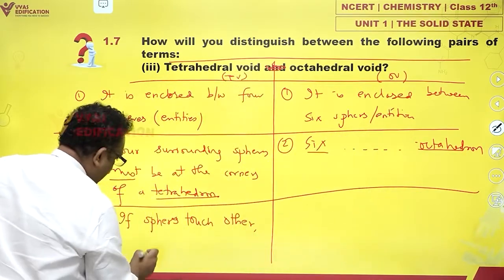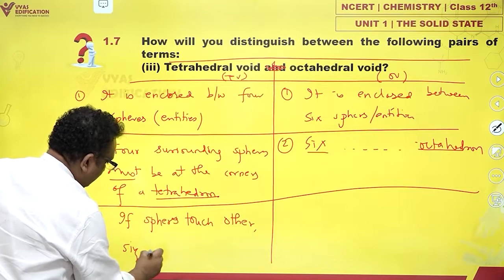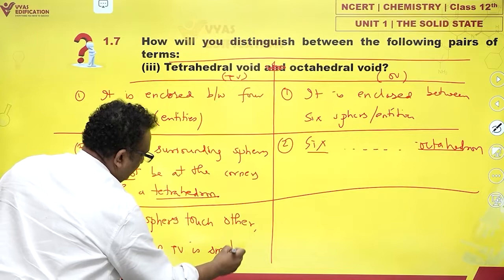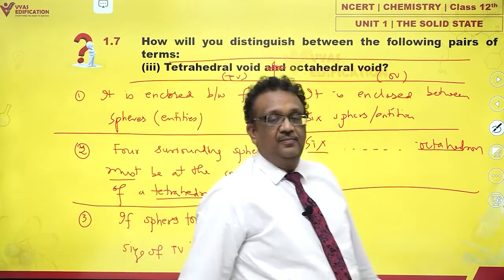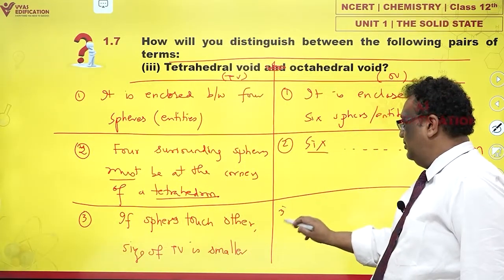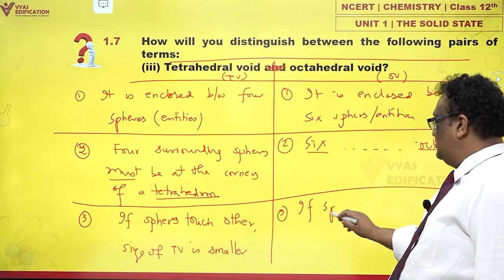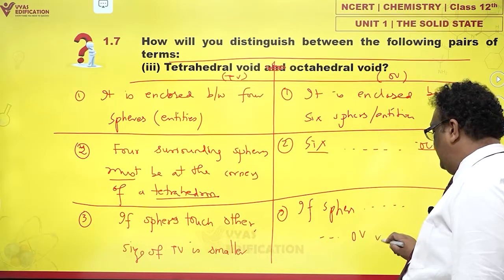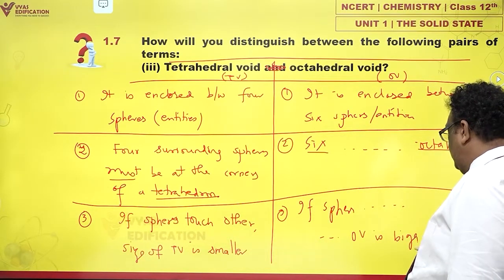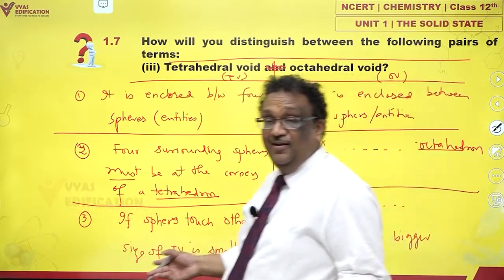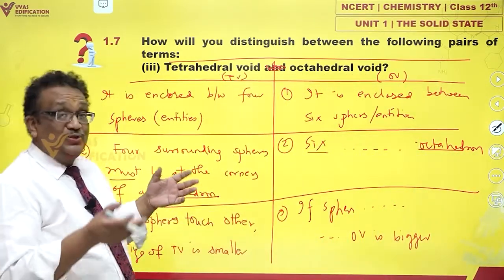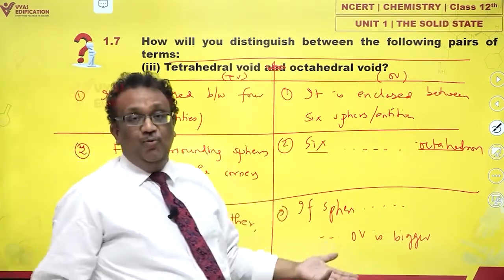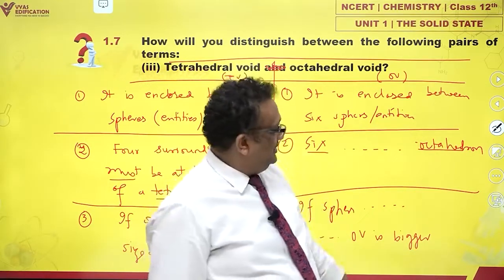The size of TV is smaller, and if spheres touch each other, the size of OV is bigger. Octahedral voids are bigger and tetrahedral voids are relatively smaller, which makes sense. With just 4 particles versus 6 particles, obviously you have more space when surrounded by 6 particles.